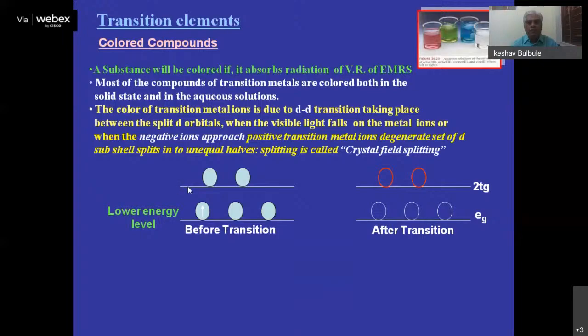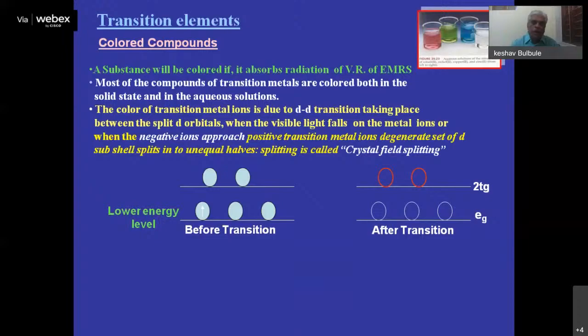Whenever an element comes in the vicinity of water molecules or some other negative ions, a degenerate set of 5 orbitals, which are dxy, dyz, dzx, dx square minus y square, and dz square, 5 orbitals of the same energy, is referred to as a degenerate set.